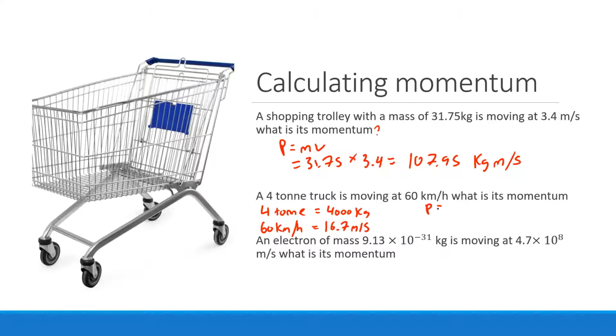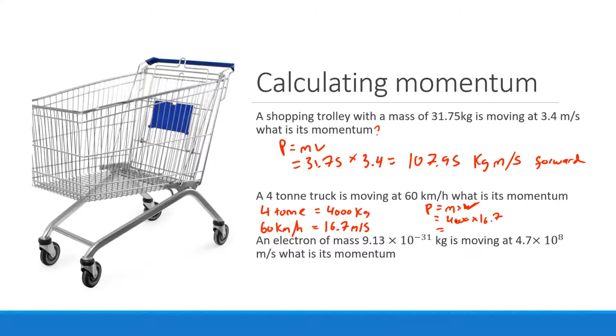So therefore our momentum P equals mass times velocity equals 4,000 times 16.7.